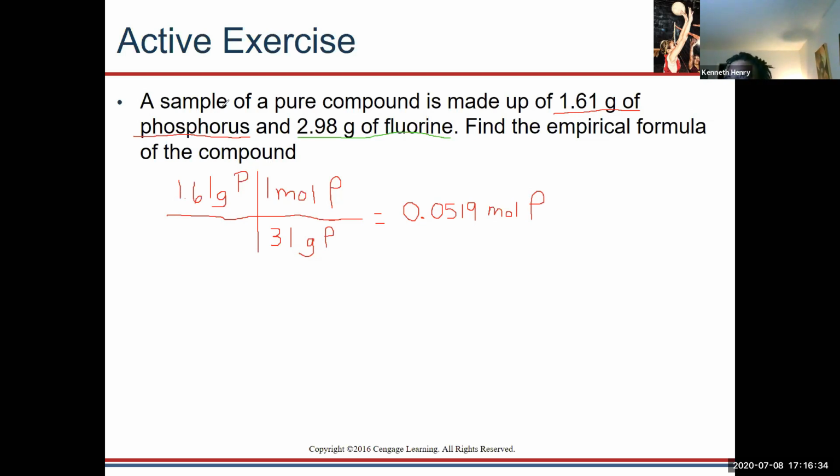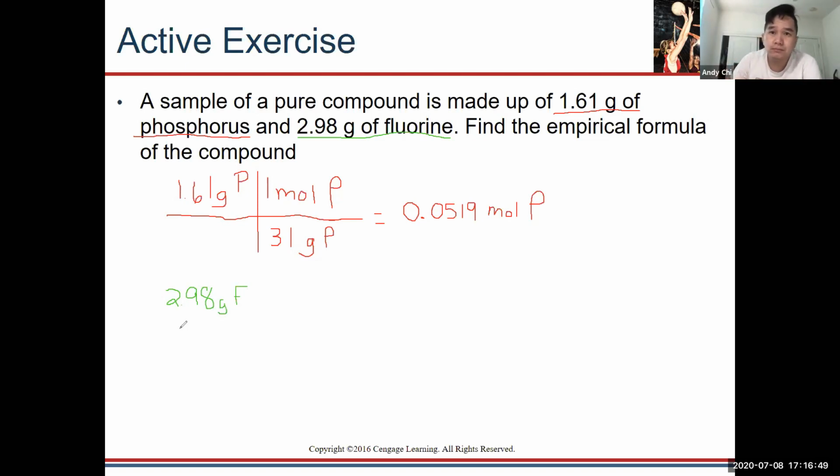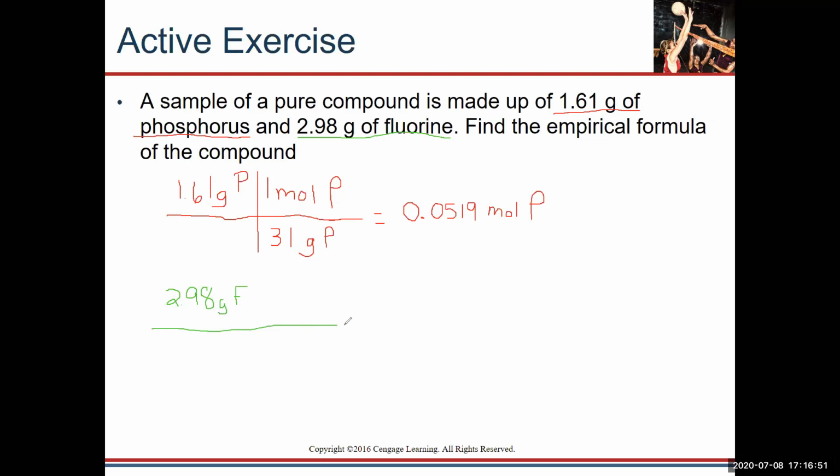Okay, so now fluorine. We'll do that in green, consistent. 2.98 is our given. It's going to be the same thing we did with phosphorus. Fluorine is 19 grams.